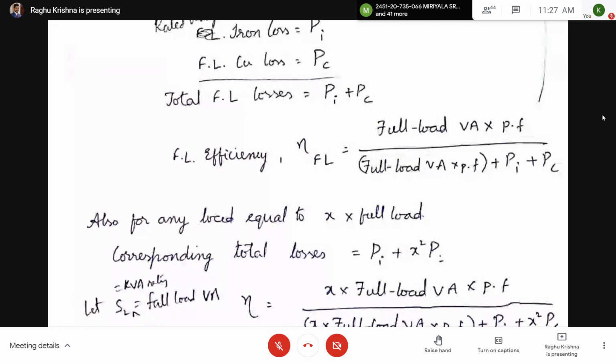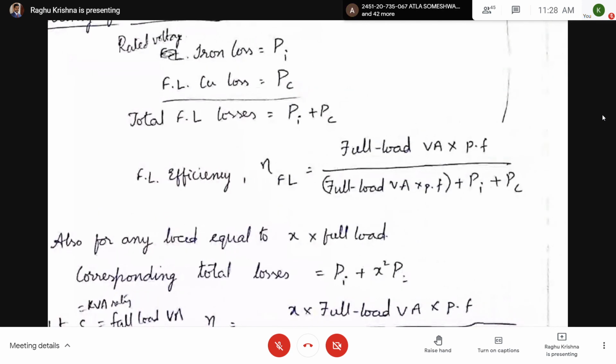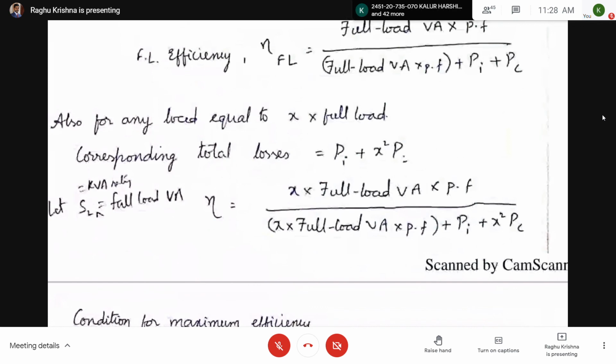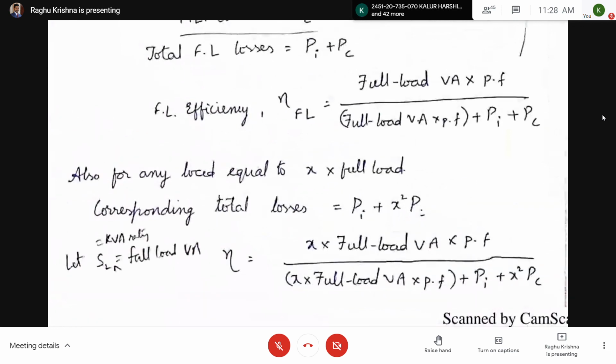For full load, the first formula is the full load efficiency: full load VA into power factor divided by full load VA into power factor plus Pi plus Pc, where Pi is the iron loss and Pc is the full load copper loss. For any load, the formula changes. For load equal to X into full load, the corresponding total loss is Pi plus X square Pc.